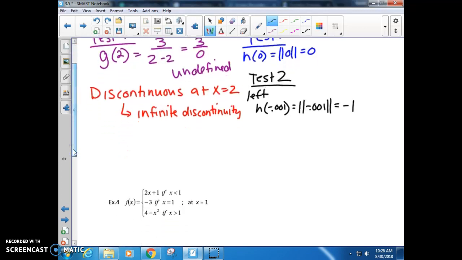And then if we test it from the right side, we'd end up being in the positive, so it'd be like 0.001. Plugging that into the greatest integer function, we actually get 0. And if you look, test 2, they don't match up from the left and the right. So that tells me that it's going to be discontinuous at x equals 0.